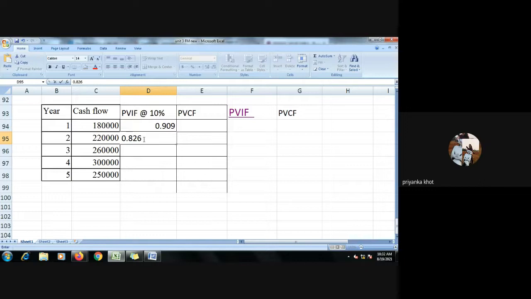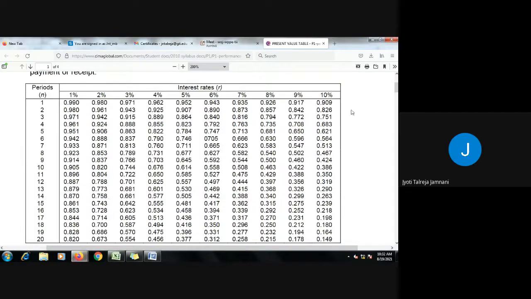Third year, 0.751. For the fourth year, it is 0.683. And the last one is 0.621. So these are the 5 years' rates that I have considered here, till 0.621.